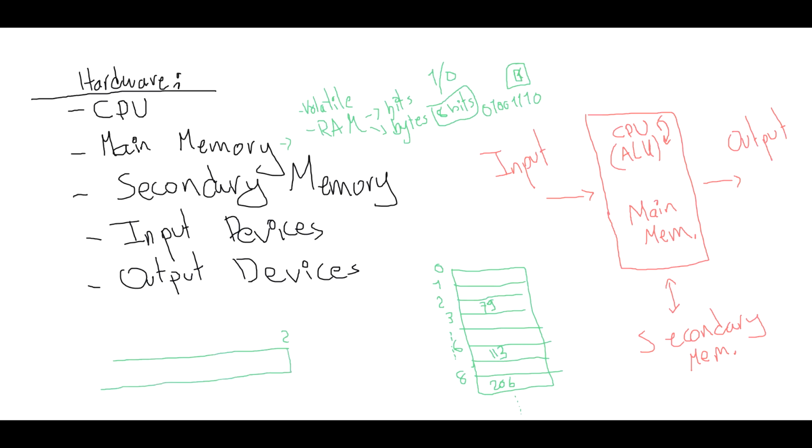The first bit is 2 to the power 0, then 2 power 1, 2 power 2, 2 power 3, 2 power 4, 2 power 5, 2 power 6, 2 power 7. From 0 to 7, that's 8 bits.